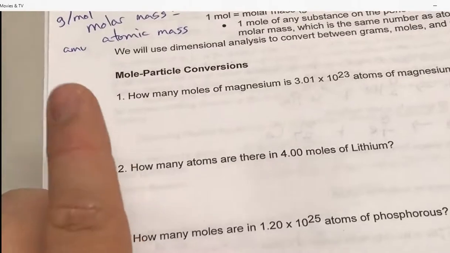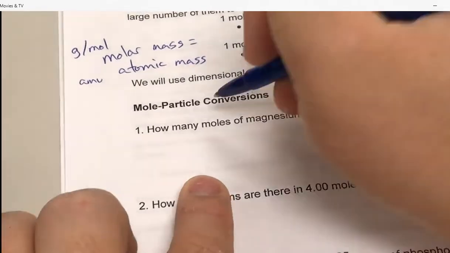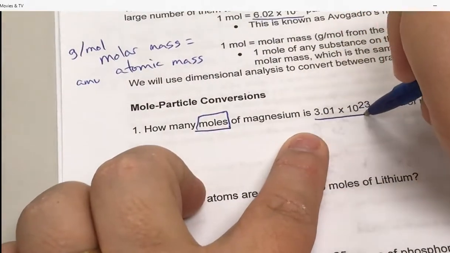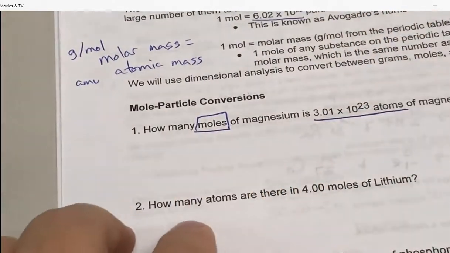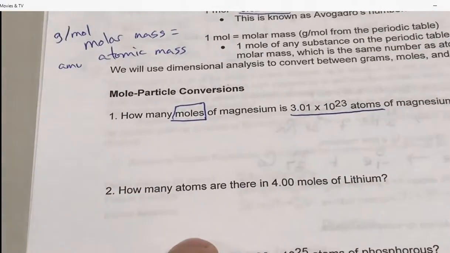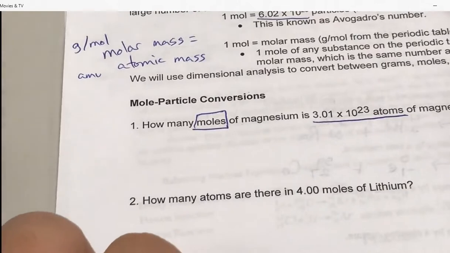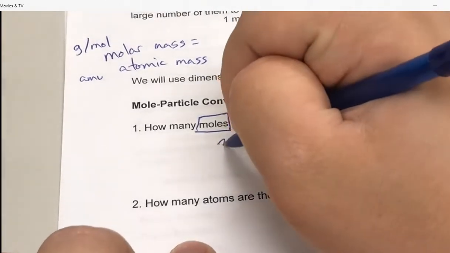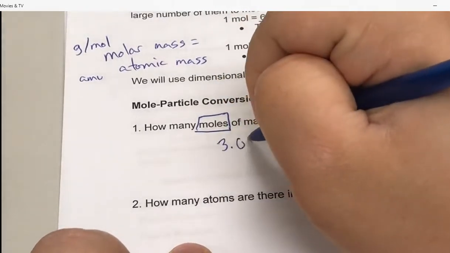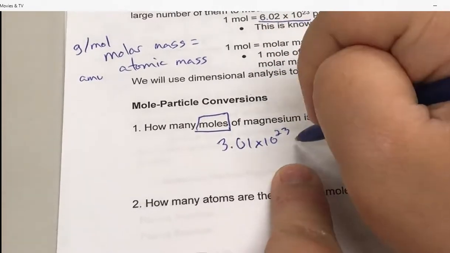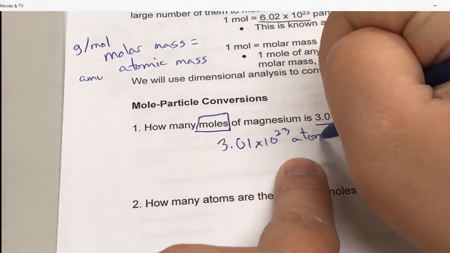Let's jump down to number 1 here. How many moles, that's what we're looking for, of magnesium is 3.01 times 10 to the 23rd atoms of magnesium? We're going to write our unit here. We're going to start just like we would on any dimensional analysis problem. We're going to start with our given, 3.01 times 10 to the 23rd atoms, and we want to write our unit every time.